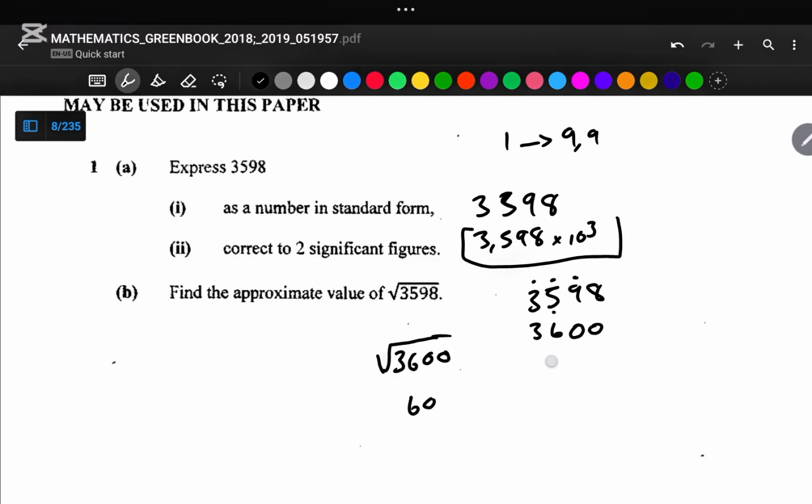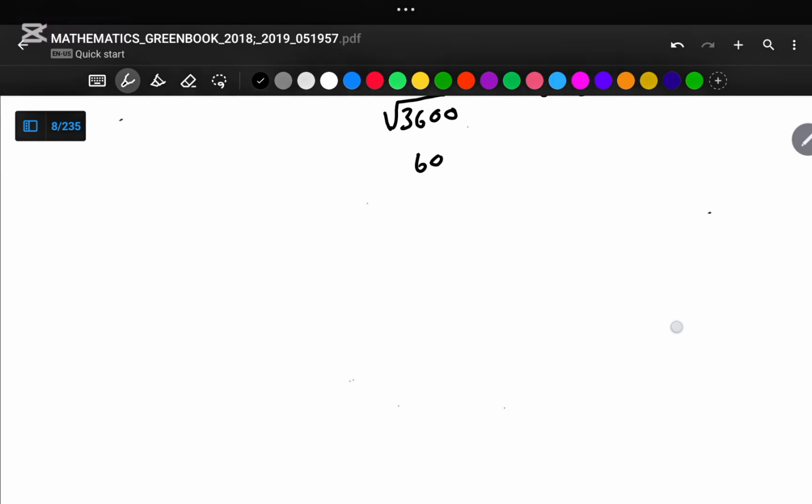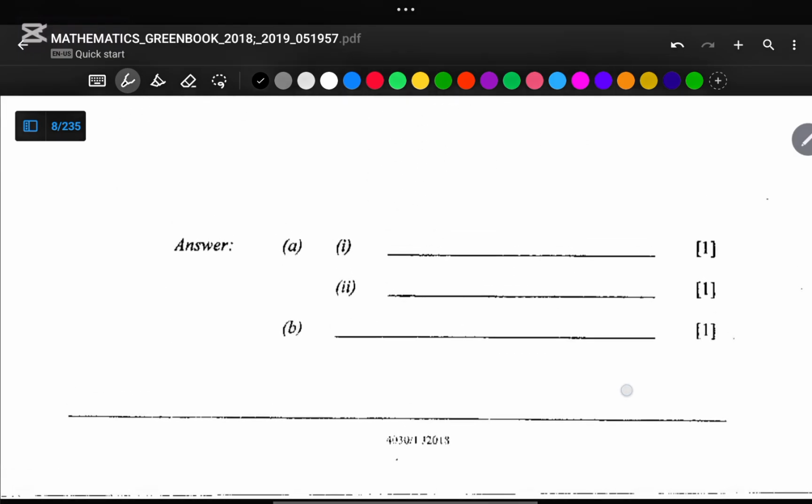That is our final answer. Why 60? We rounded 3598 to two significant figures, and then calculated the approximate value of the square root. Let us move on to the next question.